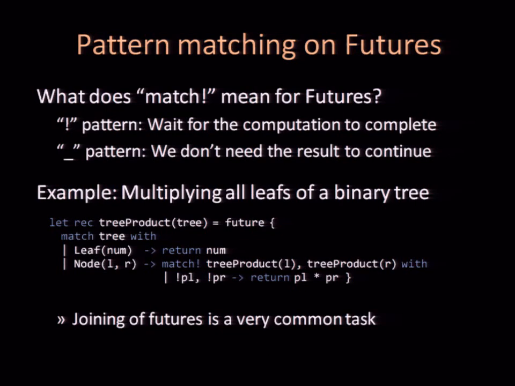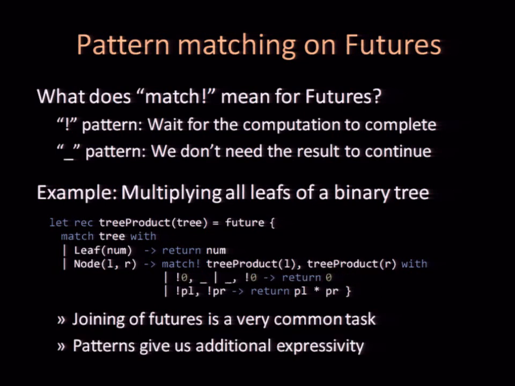So that's just a slightly nicer syntax for the thing you can do in many other ways. That's not alone that interesting, but you can also write patterns like this, which means when the first task completes and it gives us 0, we don't care about the second task. So the underscore means we don't care about the value. We don't care whether it finished or not.